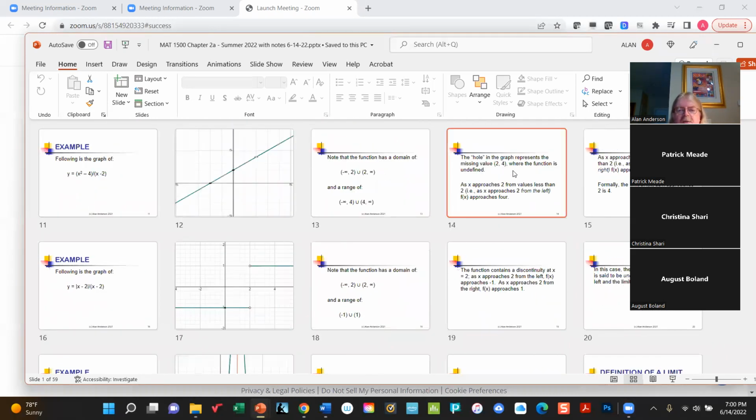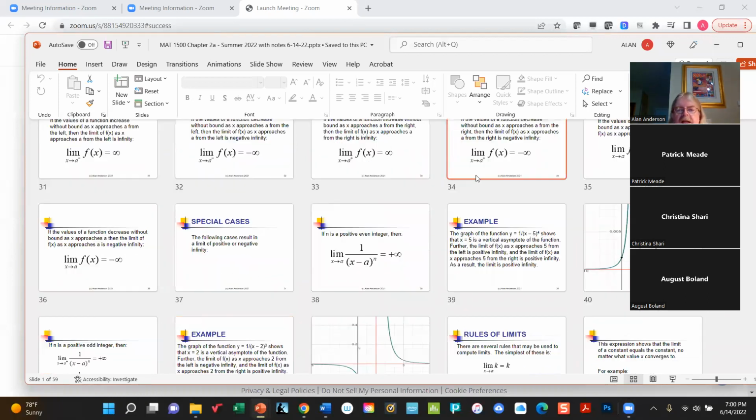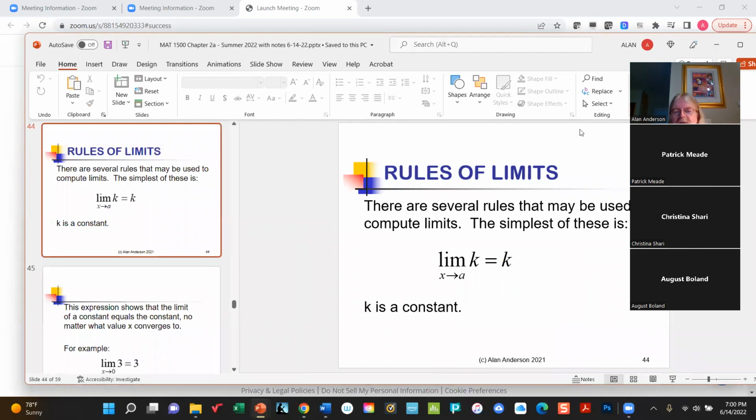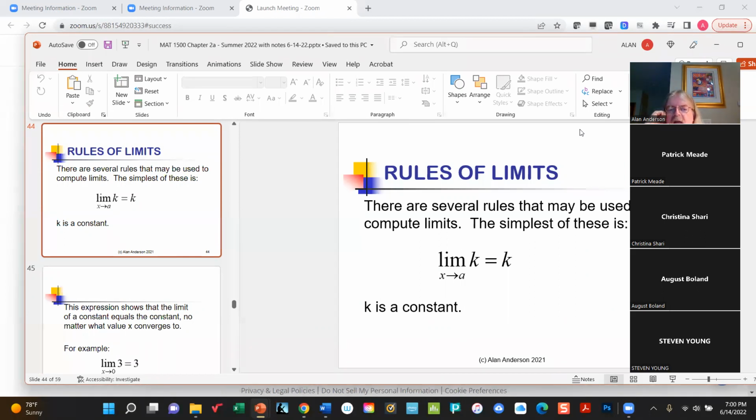So let's go back to where we left off, which is with the rules of limits. If you are asked to calculate a limit, there are several rules that can be applied, and they're all pretty straightforward. There's nothing the least bit surprising in these rules.